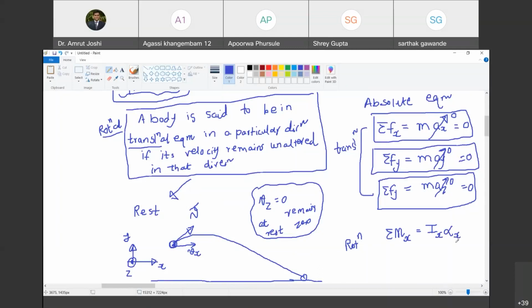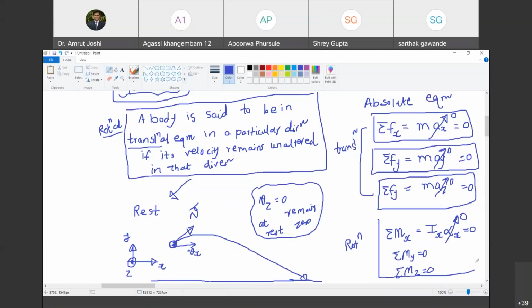You must have learned this. Happy? Yes, sir. But as the body is in rotational equilibrium about x-axis, angular velocity about x-axis remains constant, angular acceleration becomes zero. Summation Mx equal to zero, summation My equal to zero, and summation Mz equal to zero. These are three moment equilibrium equations.